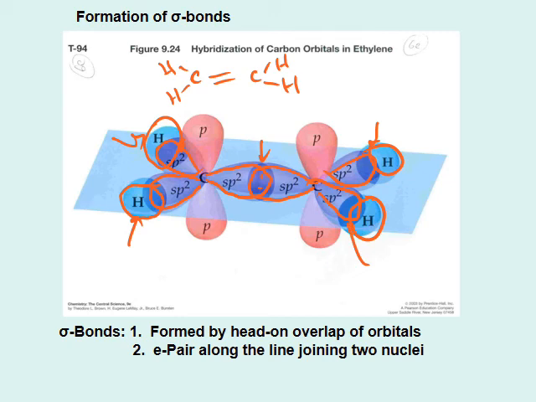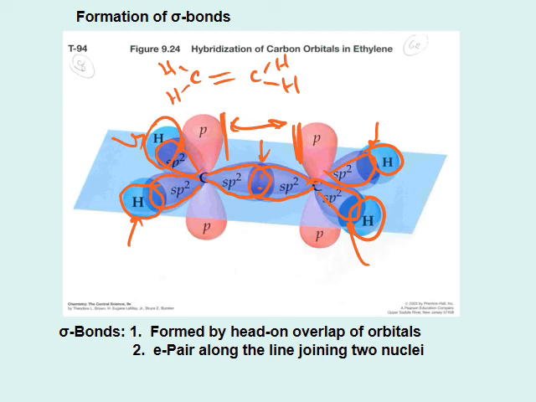Now these are pz orbitals. Even though in this picture they're shown far apart from each other, truly they're pretty close to each other and just touching each other sideways. So this is called a pi bond. Pi bonds are formed by sideways or lateral overlap of orbitals, in this case 2pz orbitals. In one case there is head-on overlap, which is a sigma bond.